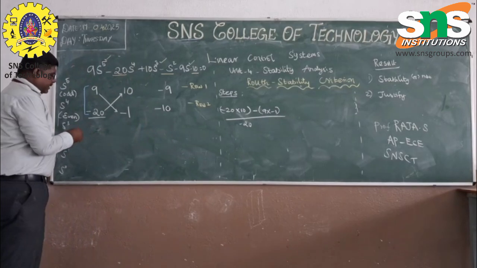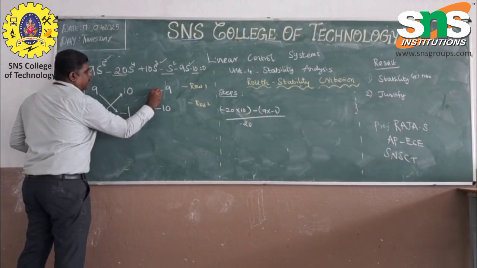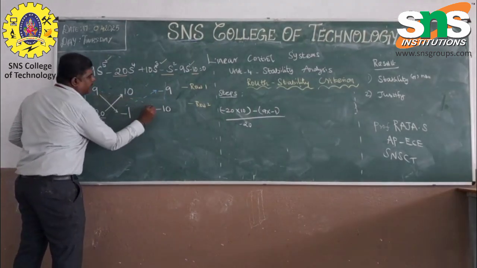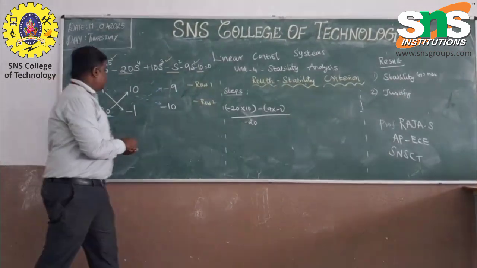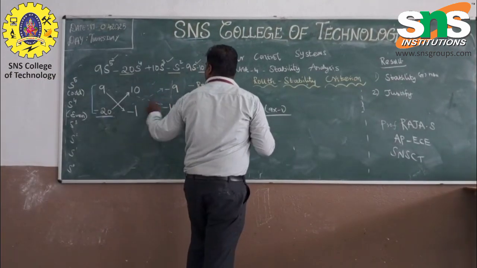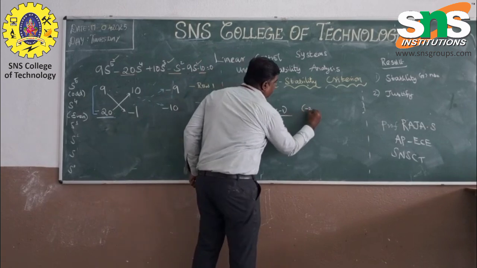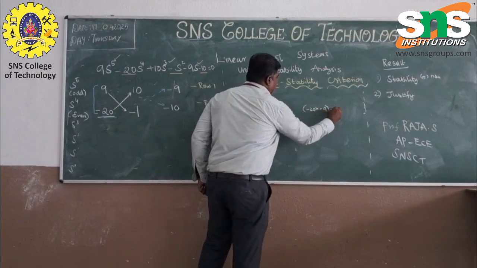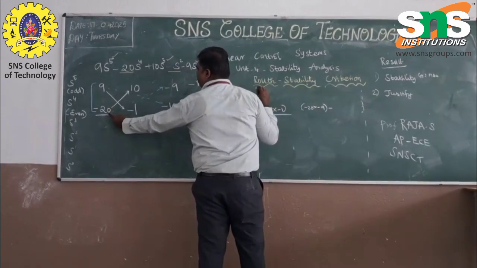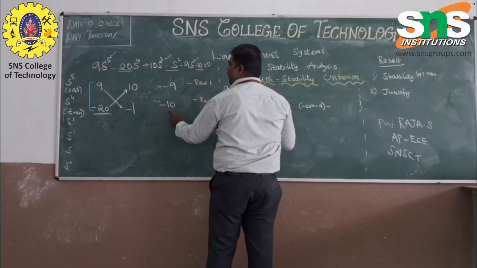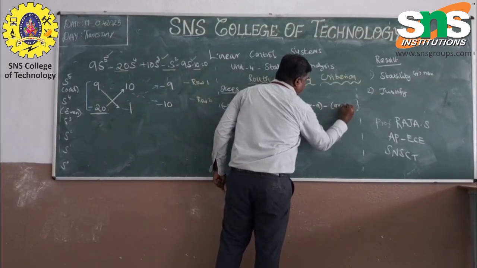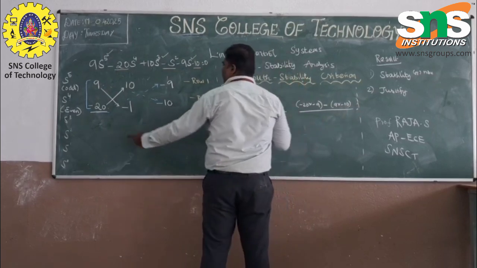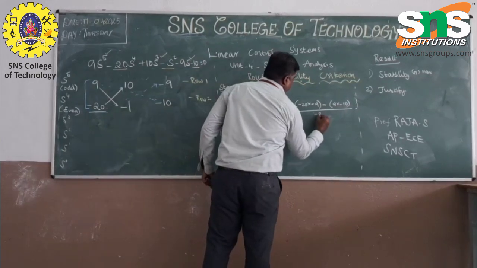Again, for the second term, first into third minus third into first, divided by the first term of the lower row: minus 20 into minus 9 minus 9 into minus 10, whole divided by minus 20.